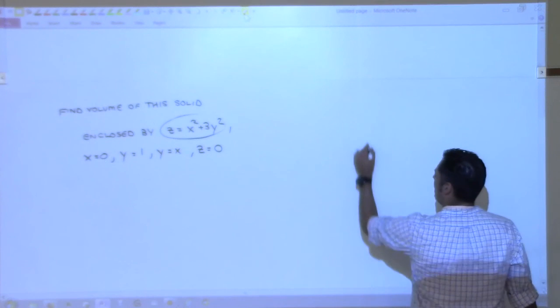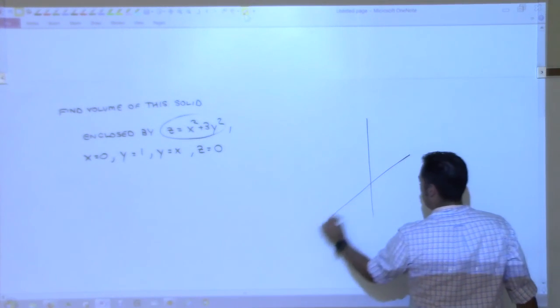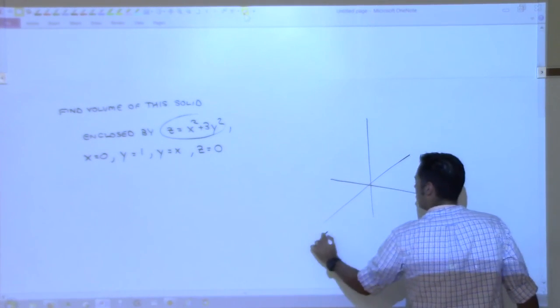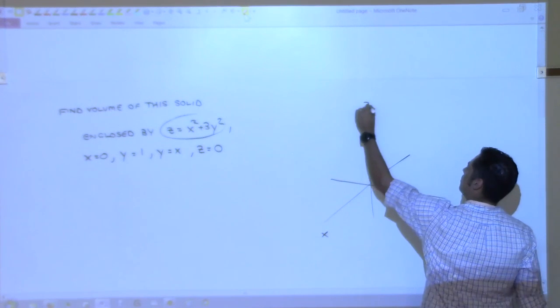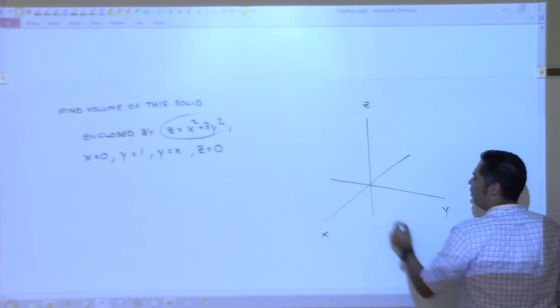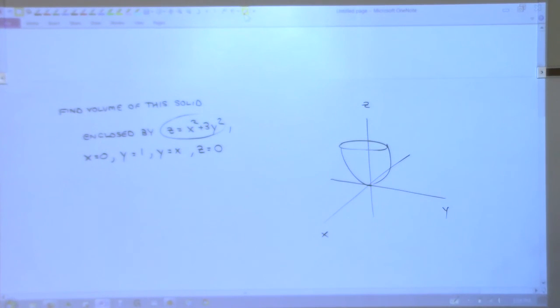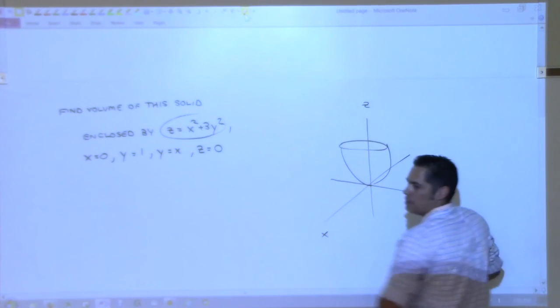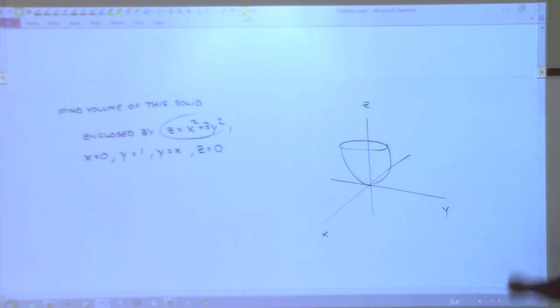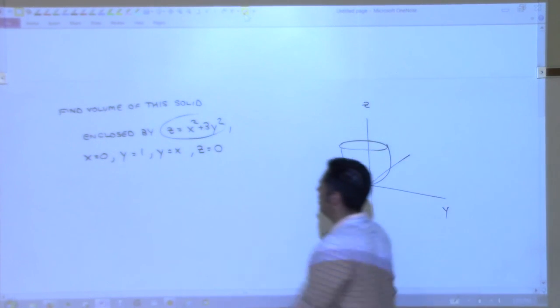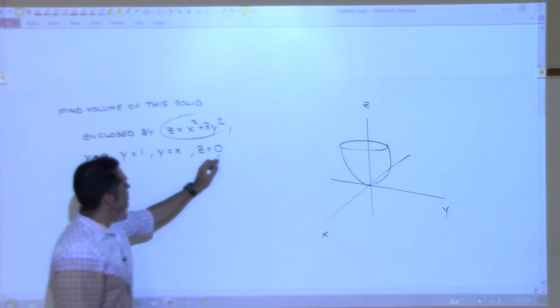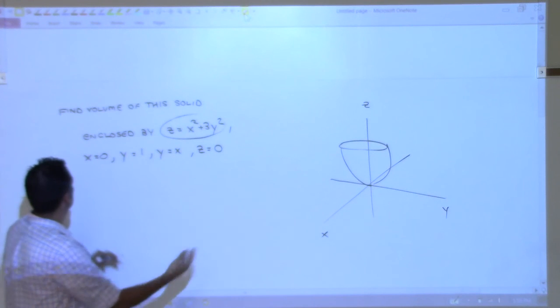So I have something like this. Let's just take a first shot at this. Here's x, here's y, here's z. So let's start with the bowl. The bowl is going to open up like this, something like that. That bowl just continues up forever. Z equals 0 is the ground.